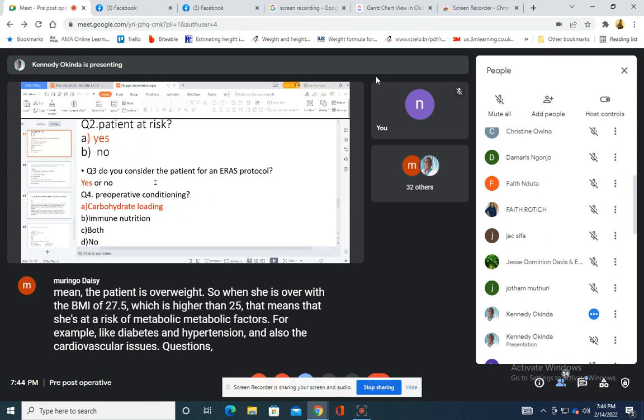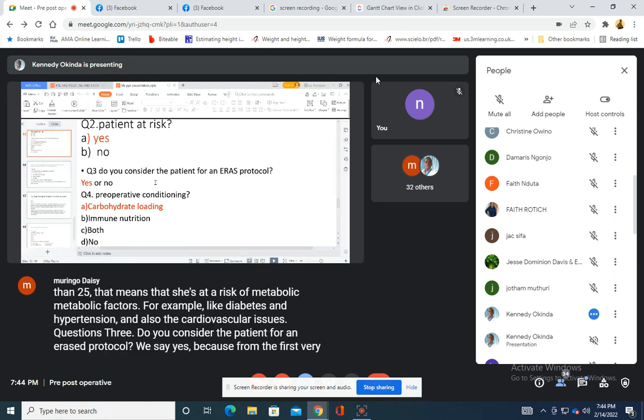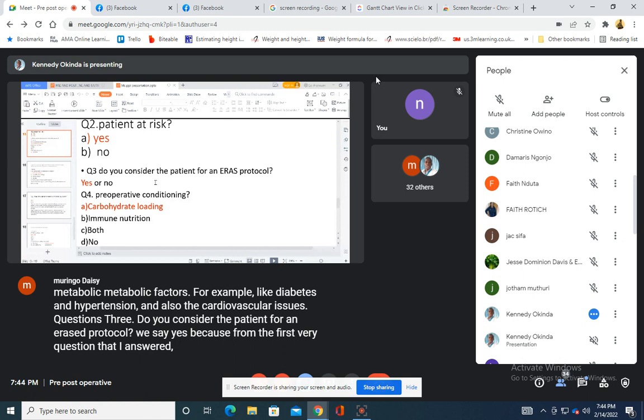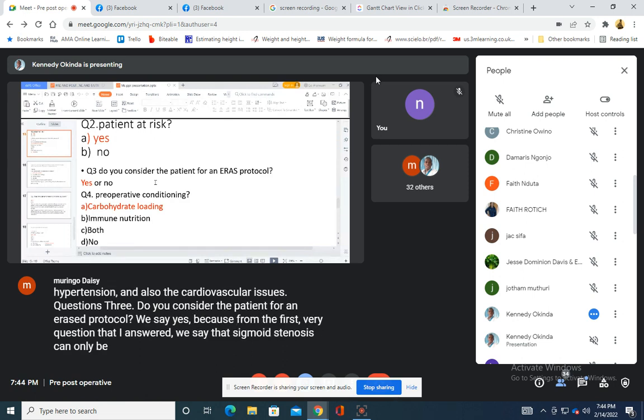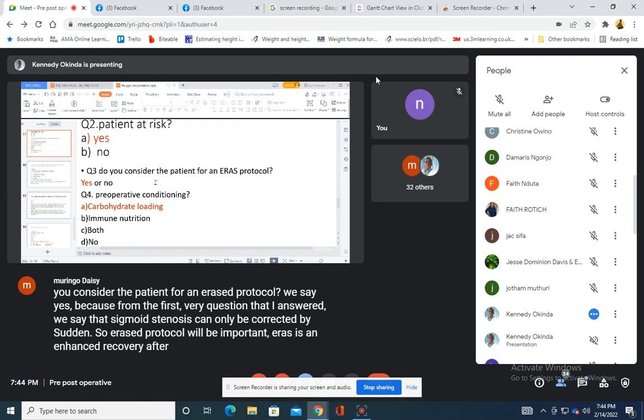Question 3: do you consider the patient for an ERAS protocol? We say yes, because from the very first question, we said that sigmoid stenosis can only be corrected by surgery. So the ERAS protocol will be important. ERAS stands for enhanced recovery after surgery.